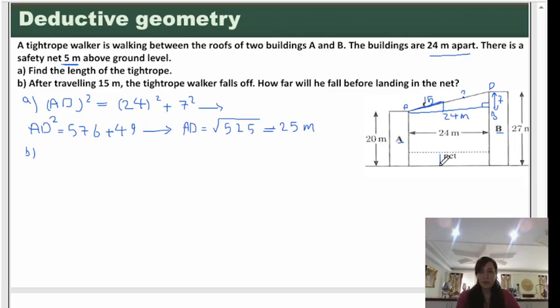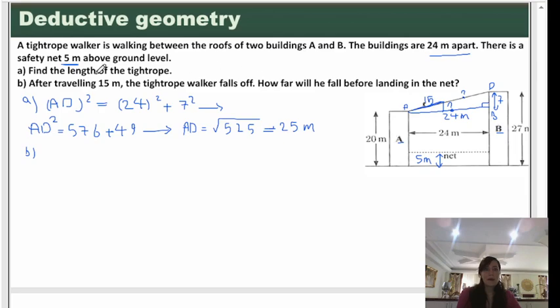So I write here that the net is 5 meters above the ground level. After traveling 15 meters, the tightrope walker falls off, and I don't know the height of this length.